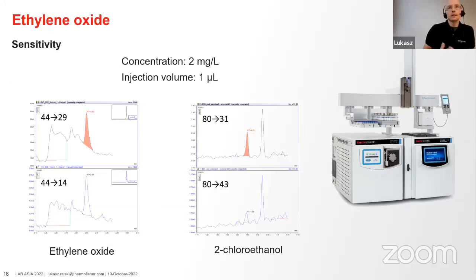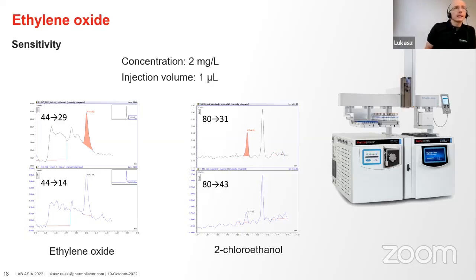Sensitivity is a very, very important parameter. Our customers always ask us about sensitivity. And thanks to the advanced EI, our triple quadrupole and our single quads have very good sensitivity.